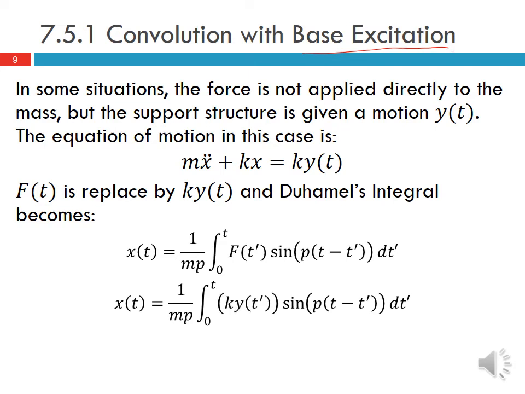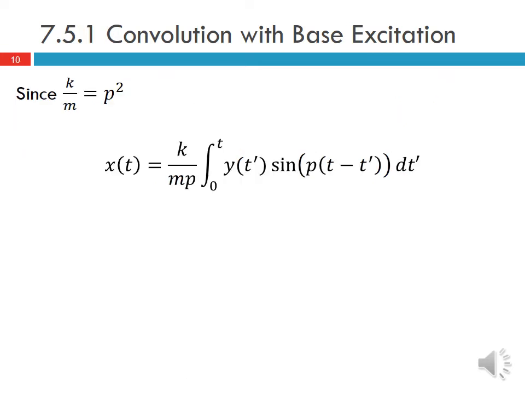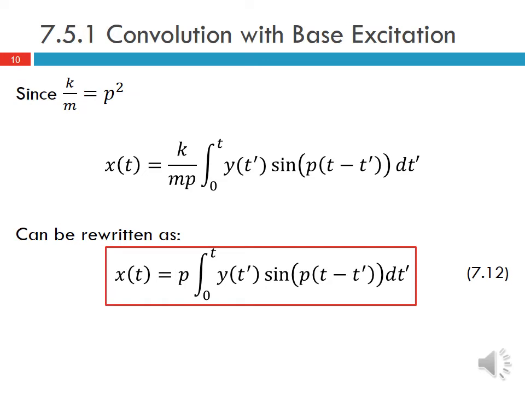We've replaced F of t prime with k y of t prime. And we can bring the k out of the integral, and we get this expression here. Now, since we know that k over m is equal to p squared, this can be written as x of t is equal to p times the integral of y of t prime sine p (t minus t prime) dt prime.